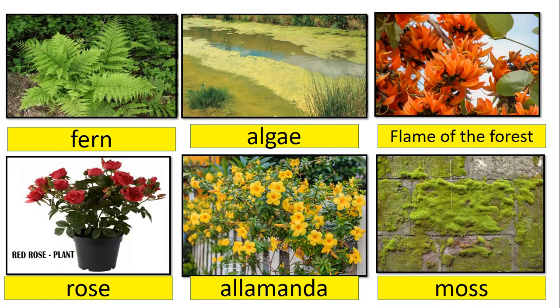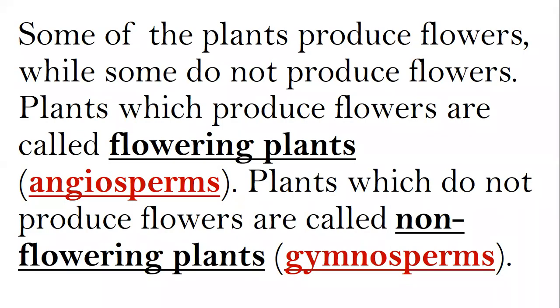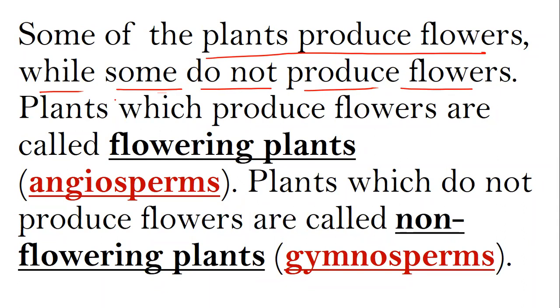Now, I have a question here. Some of the plants produce flowers, right? Some of the plants produce flowers while some do not. Meaning, there are plants that can give flower, there are plants that cannot give flower. Plants which produce flowers are flowering plants, or what we call angiosperms.